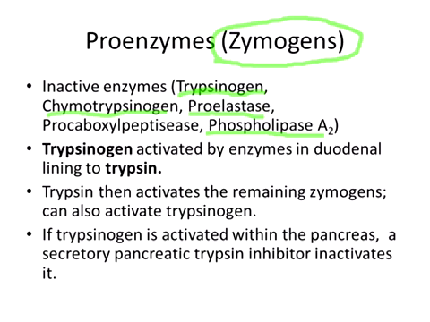Therefore, if the enzymes were active before reaching the site of these dietary materials, they would no doubt cause digestion of our own tissues. To prevent this, the most potent of the enzymes are secreted as inactive forms and are only activated once they reach the duodenum with its intestinal contents.